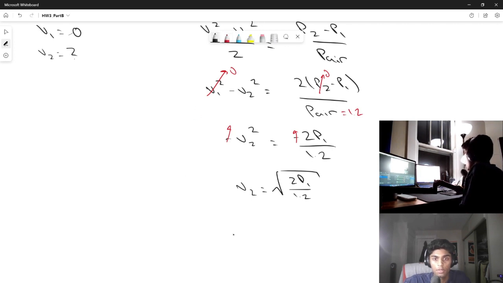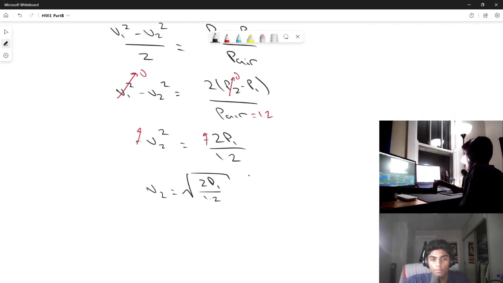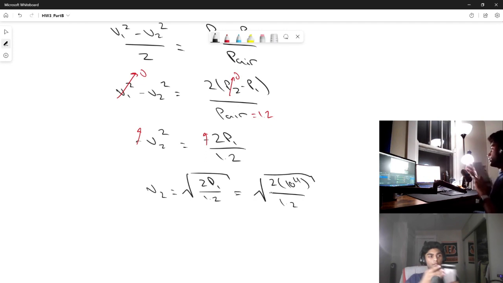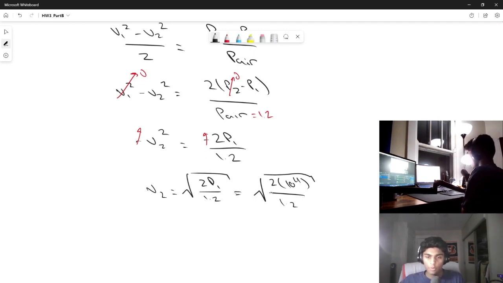Yep. So now we're just going to plug in some values. It equals the square root of 2 times 10 to the 4th over 1.2. And I have my handy dandy TI-84 right here. We're just going to type this in and see what it gives us.